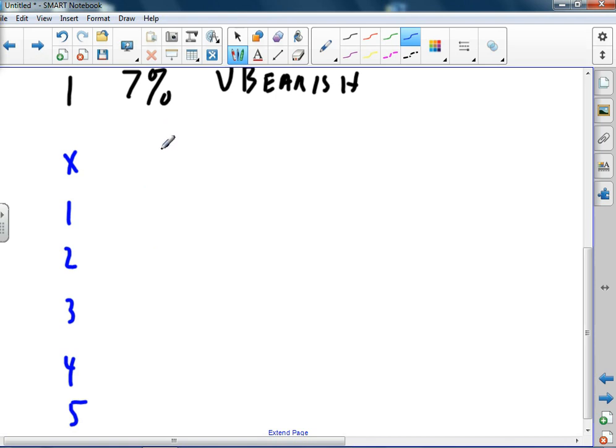We have the probability of x being 0.07, 0.21, 0.29, 0.39, 0.04.